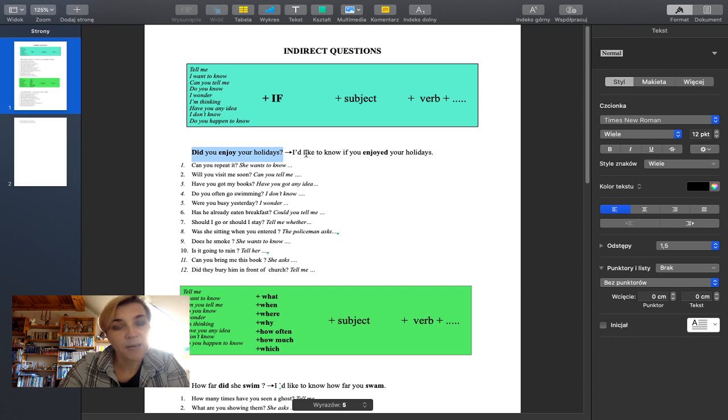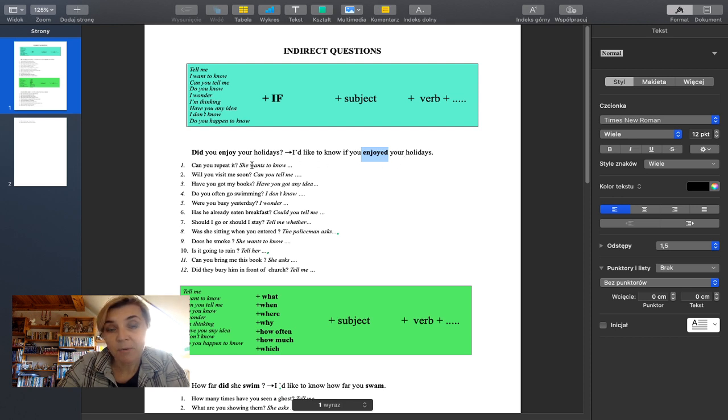I'd like to know, that's our beginning. Now, if, now, subject, and look at the form of the verb. Here we had the sentence in past simple. We do not change the tense. The tense is exactly the same. But of course, after if, we make the sentence affirmative, positive. Thus, the verb enjoy has the ending ed. So I'd like to know if you enjoyed your holidays.